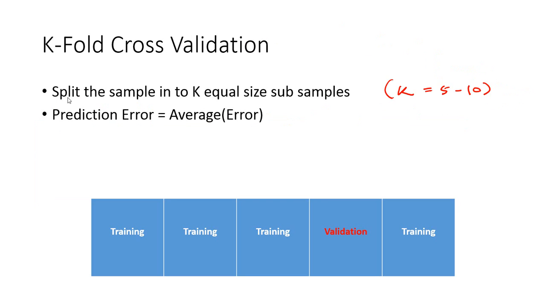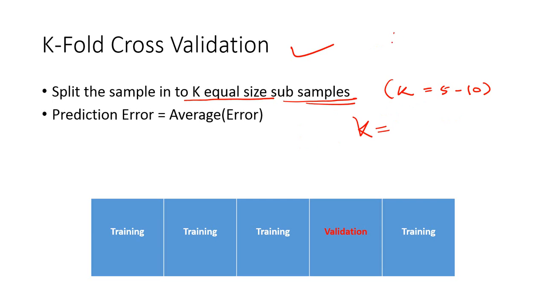The next one is k-fold cross validation. K-fold cross validation is the type of cross validation in which you split the sample into k equal subsamples. The k can take any number: 1, 2, 5, 10, any number.